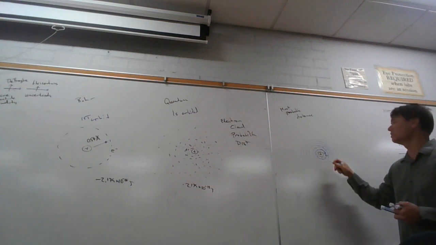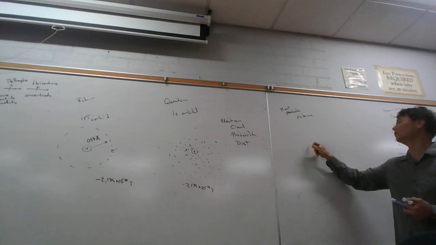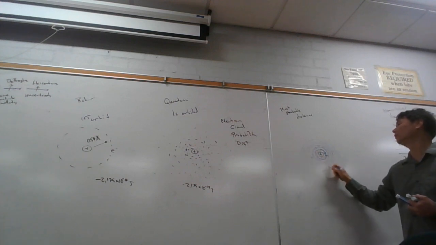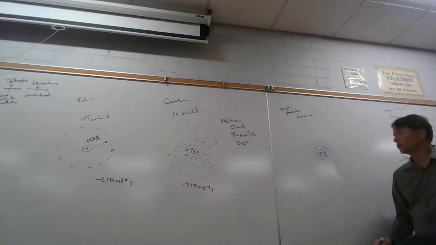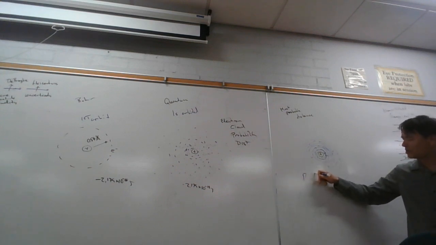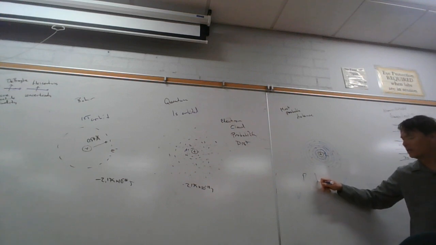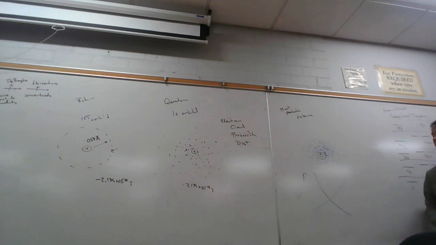The one closest to the nucleus, because the electron doesn't get too far off. So in terms of probability, the highest probability is going to be right next to the nucleus, and then the probability is going to decrease as we go down.